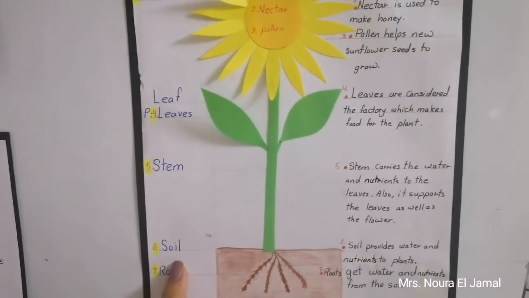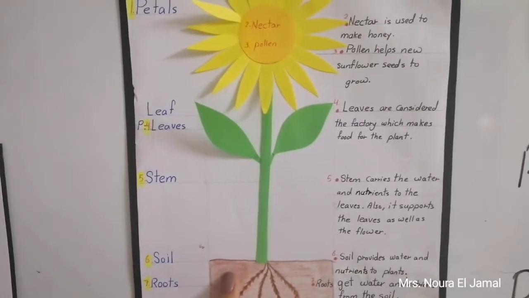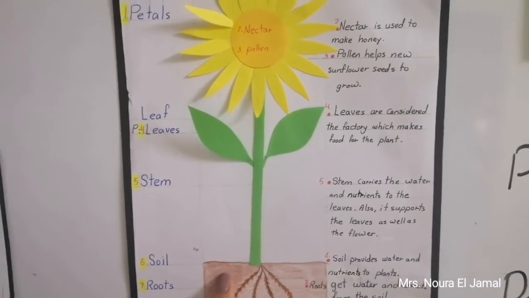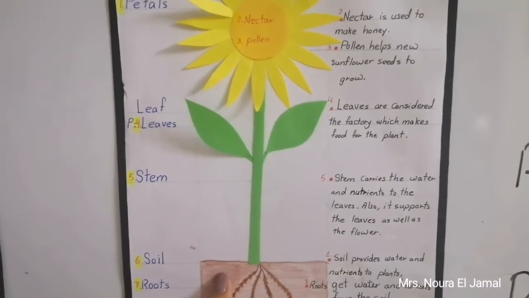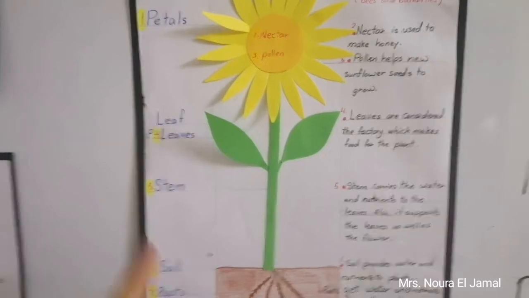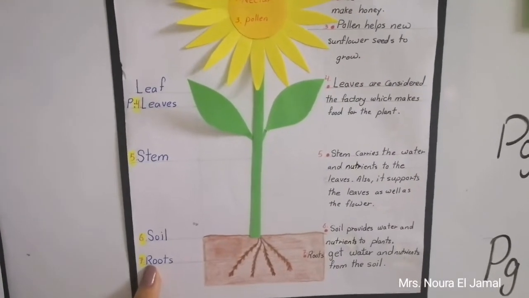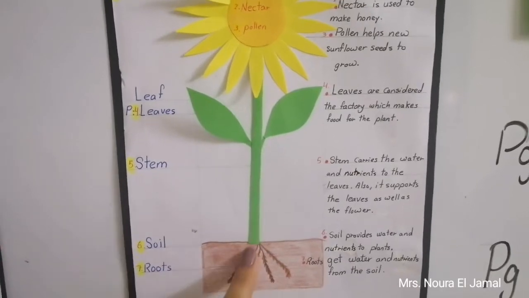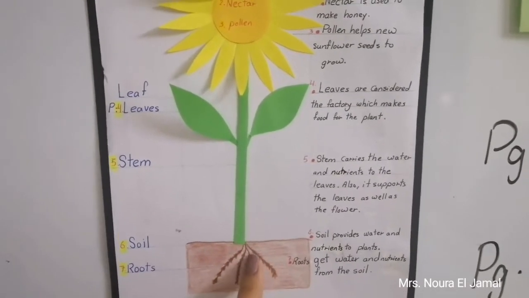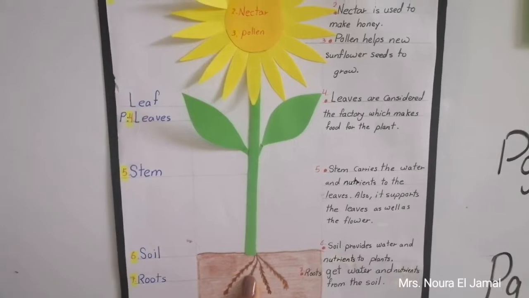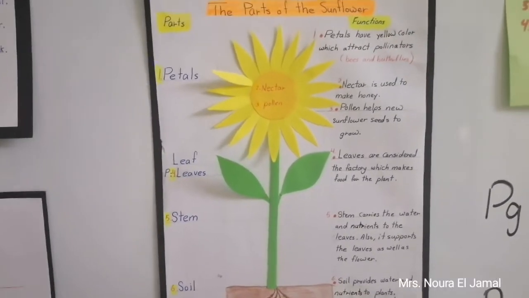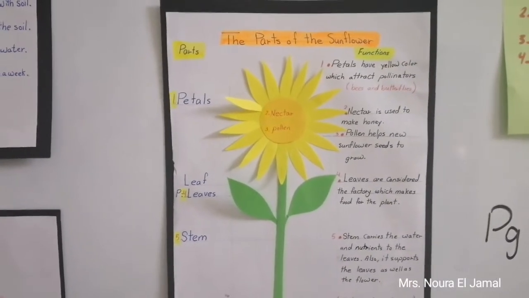Soil, this is the soil. It's the habitat of the plant. We can't have a plant without soil. Roots, these are the roots. They are under the ground. And we know what the functions of all these parts are.